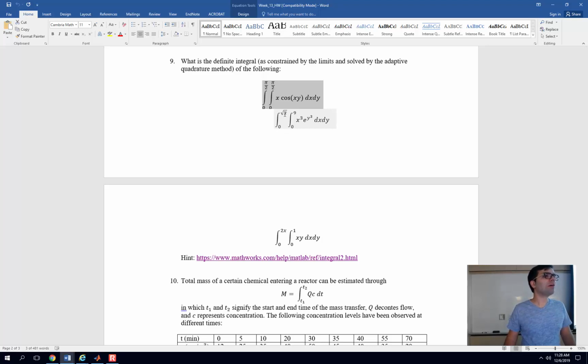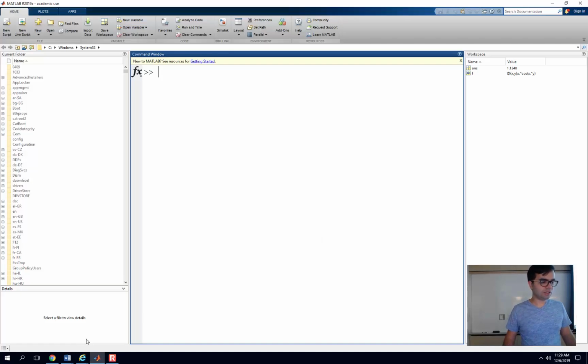So the upper boundary for y is dependent on x. Let's define this function first. x^3 exponential of y^3. H at sign x and y is x to the power of 3 dot exponential of y to the power of 3. Does it make sense?